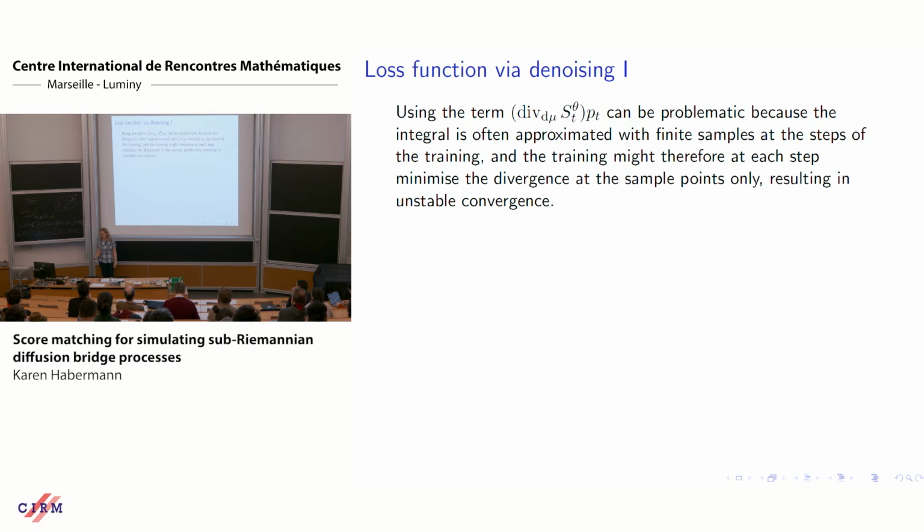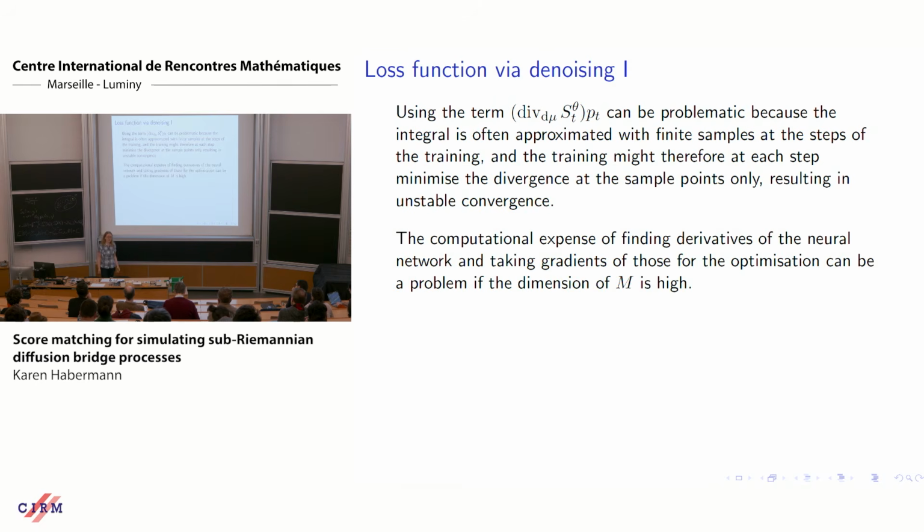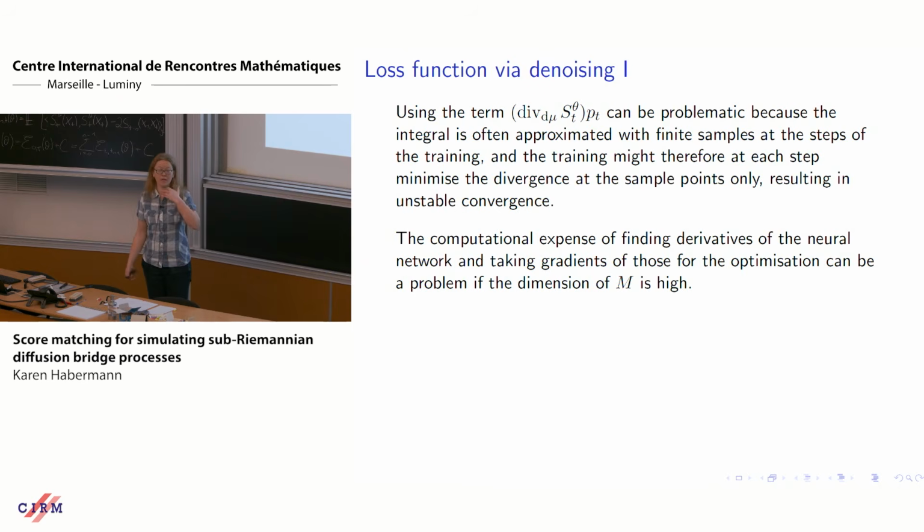So that's one problem. The next problem is that if the dimension of your manifold is relatively high, then finding suitable derivatives of your neural network, which we need to deal with these divergence terms, and also taking the gradients in our optimization of the weights, can become extremely expensive to compute. So that's the second downside.